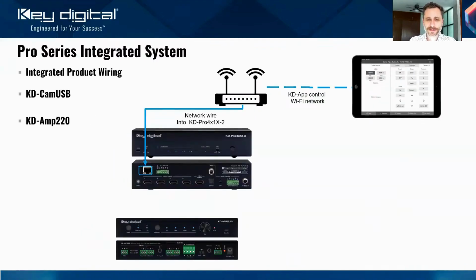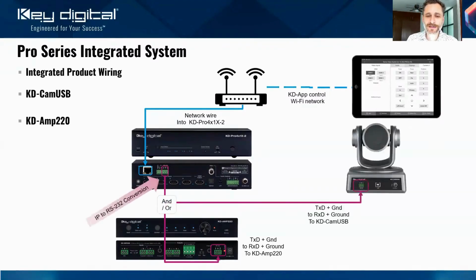For the camera, here's what's so cool. Because we're using Phoenix connectors, we've already got our RS-232 to the amplifier, but your Phoenix pin, you could just double stuff your wires. Double stuff the wire, and the commands are discrete between the camera and the amplifier.